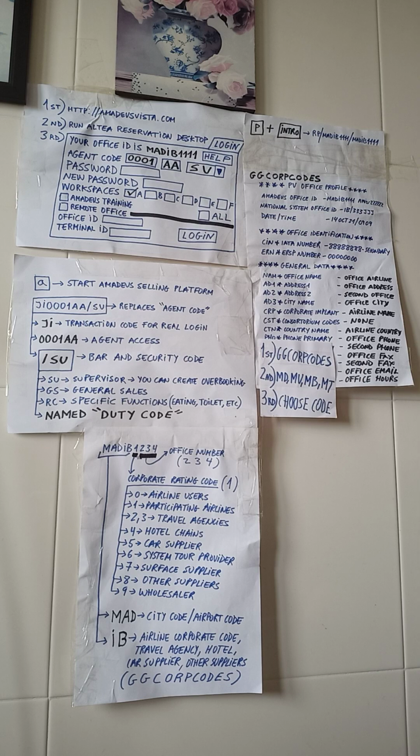All the time. That's why this is very important. As I said, when you are inside of a PNR, it appears on the top and it indicates that the office in which you are registered is that one. And it's telling you all the time.